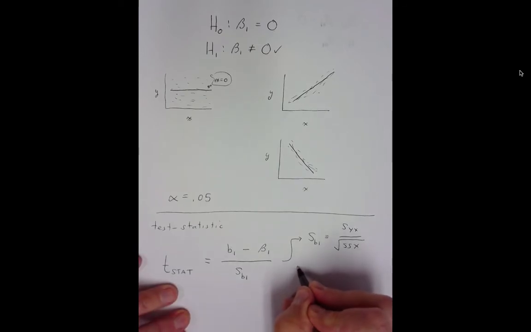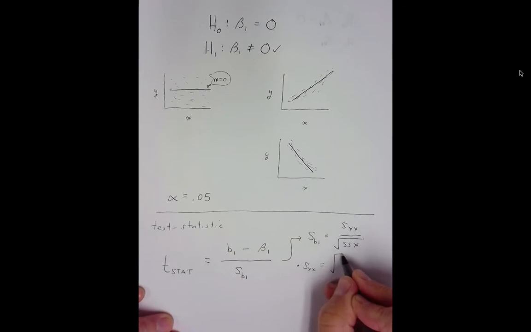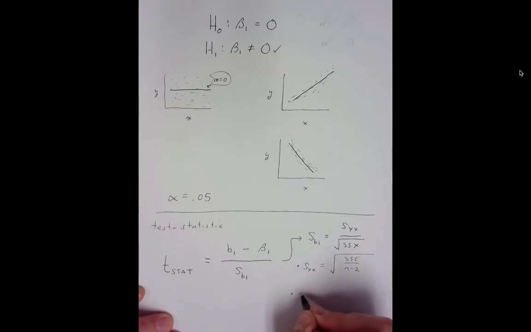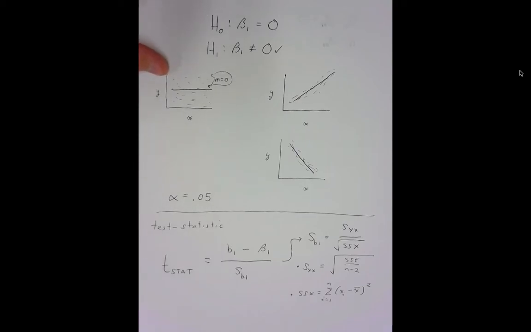And just in case you don't want to look back in your notes, remember that, as I just showed you, s sub yx is equal to the square root of the sum of squares for the error over n minus 2. And SSx is the sum from i equals 1 to n of our x values minus the mean, all that squared.